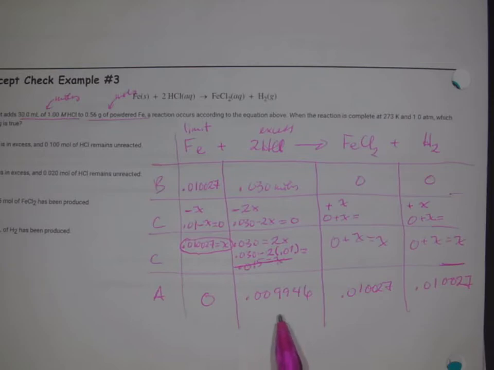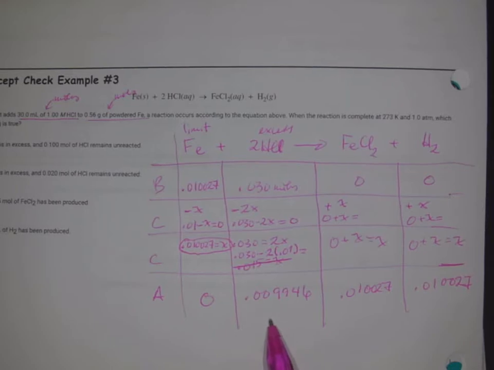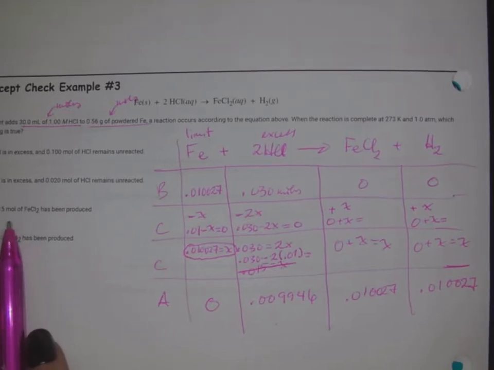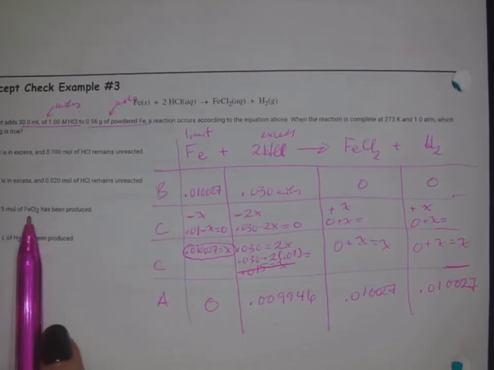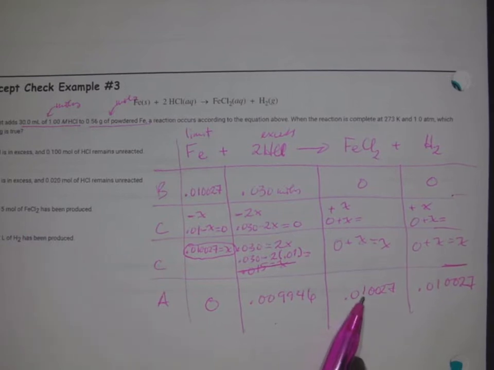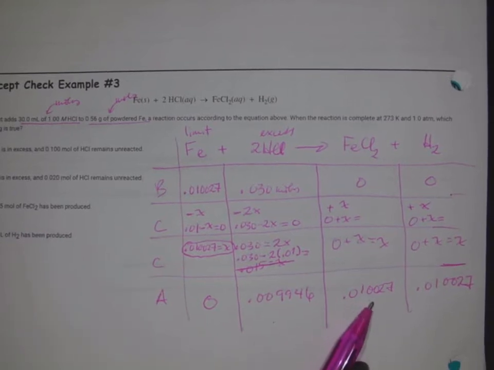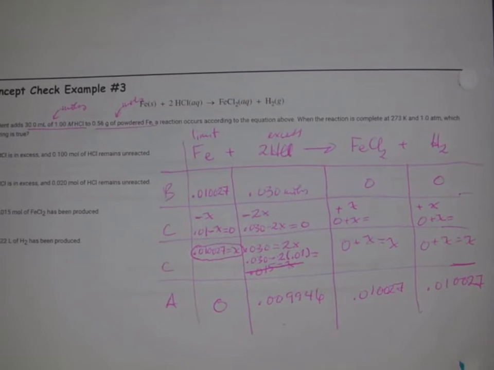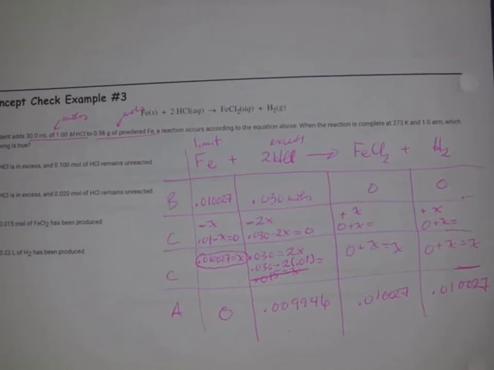Nope. This is how much we had. Make sure I'm not missing something up above. 0.03, nope, we're good. Okay. 0.015 moles of iron chloride has been produced. 0.01, not 15, okay?